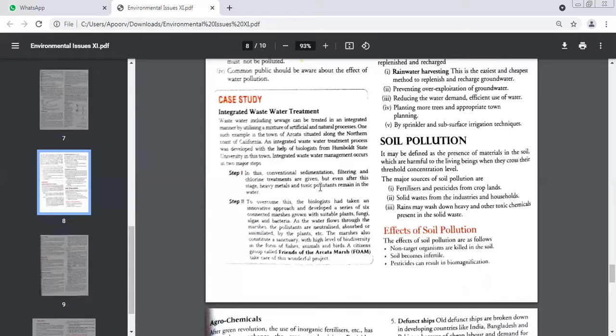Because it includes both artificial and natural process. Okay. Integrated treatment it is called because it involves two types of processes.